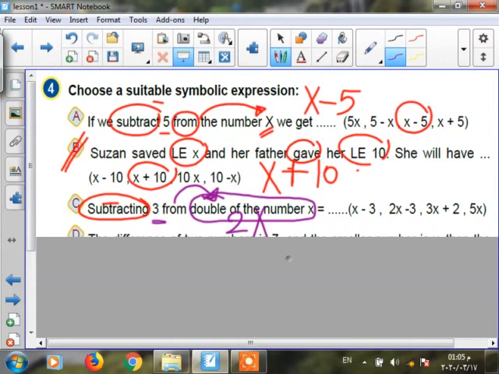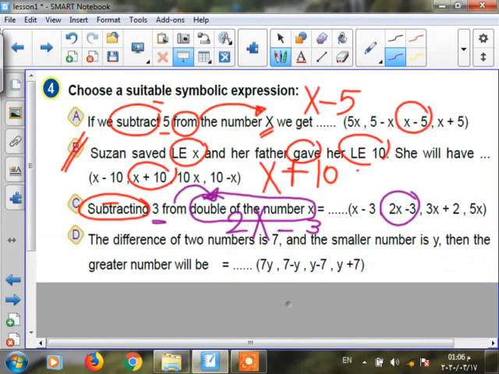So double the number x means 2x. If I say double of the number y, it will be 2y. Double of the number z will be 2z. Double of the number m will be 2m. So 2x, and subtract from means minus number 3. This is my simple expression, so I will choose the second one.